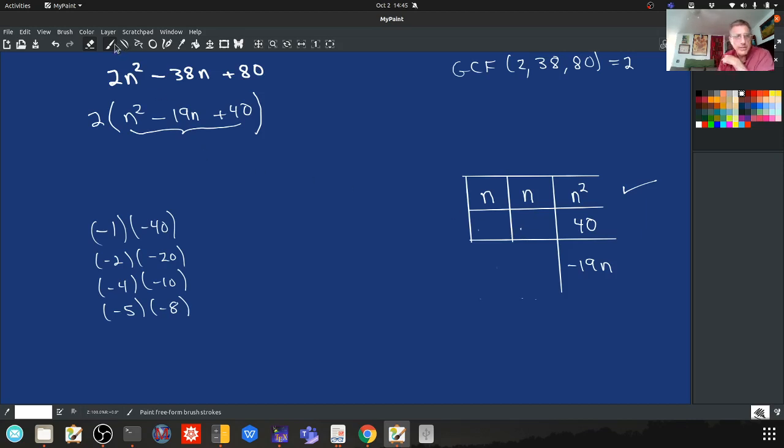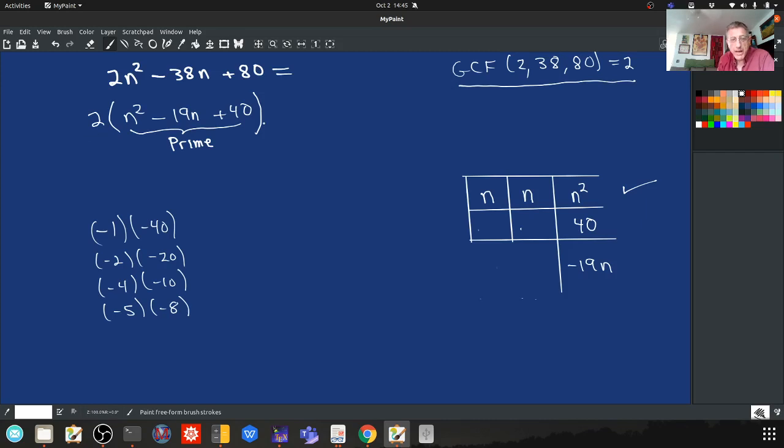So this is as much as it can be factored. Now notice that when I say the polynomial is prime, I'm only talking about what's in parentheses. The original polynomial can be factored because we were able to factor out the GCF.